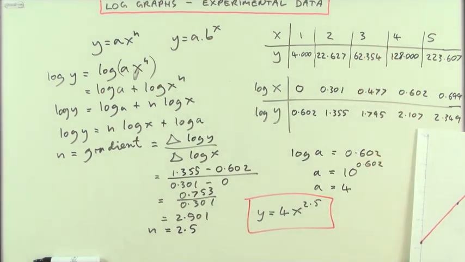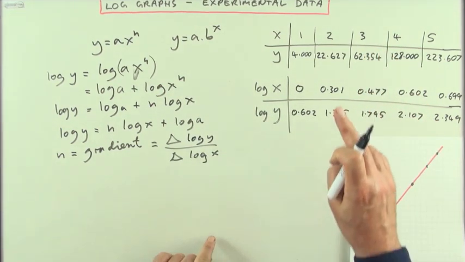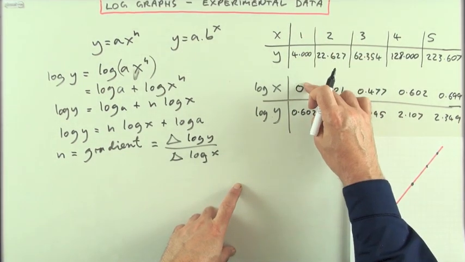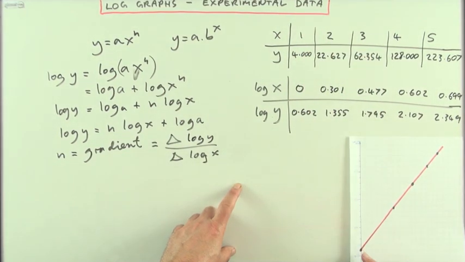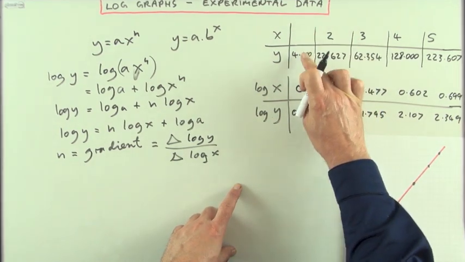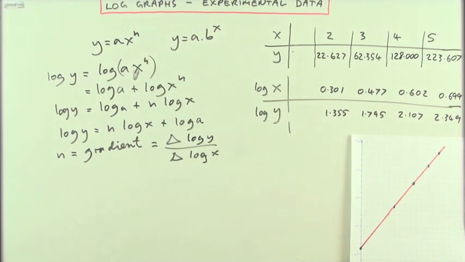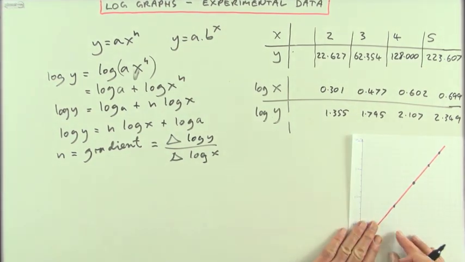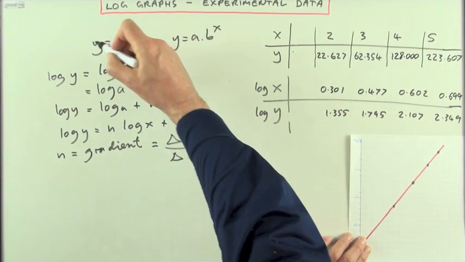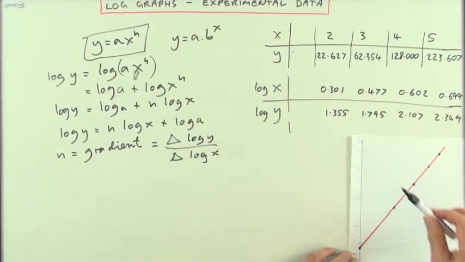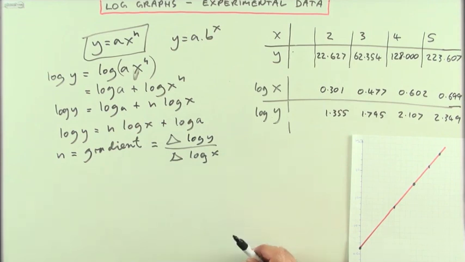this particular case. Now, if I didn't have the convenience of having this x equals 1, so this log x equals 0, so having this intercept, if I didn't have that luxury and those points weren't there, then what would be this procedure to find this equation? We know it's in that form because I've got a straight line for log against log, so it is simply a power one.